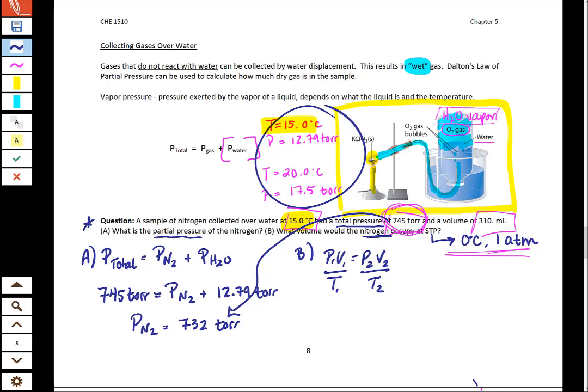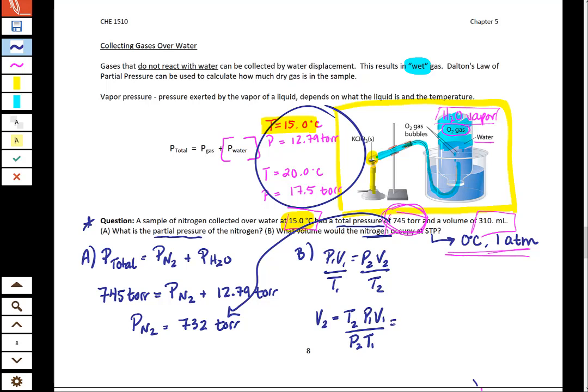So you're going to make sure that you rearrange this equation appropriately using your algebra skills so that you end up solving for V2, and you're going to plug in all those values.